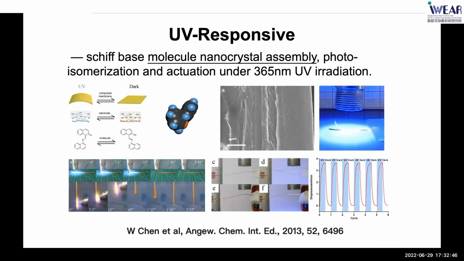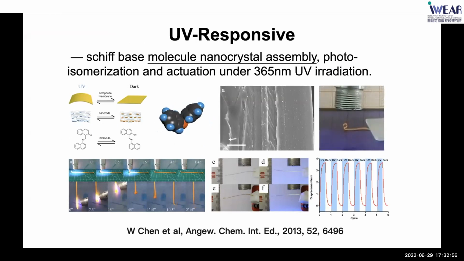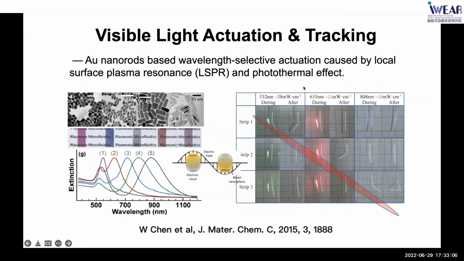The first is the UV responsive one. We're using a molecular nanocrystal assembly. The mechanism is based on photoisomerization, and we can achieve the actuation under 365 nm UV radiation.